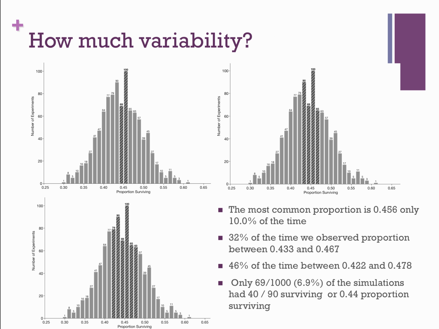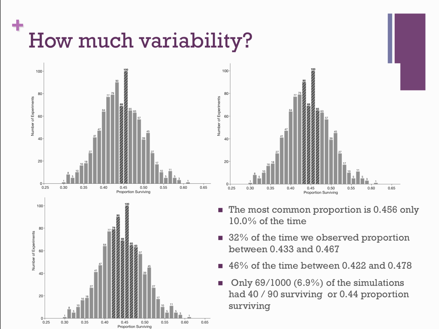So let's take a closer look at the variability. Here we have the same graph displayed 3 times. In the upper left-hand corner, you can see the 2 bars that are immediately about the center of the distribution. The most common proportion is the 100 observations that had 0.456 as the survival rate. But that's only 10% of the time. 32% of the time, in the upper right-hand graph, we see 4 bars about the center.